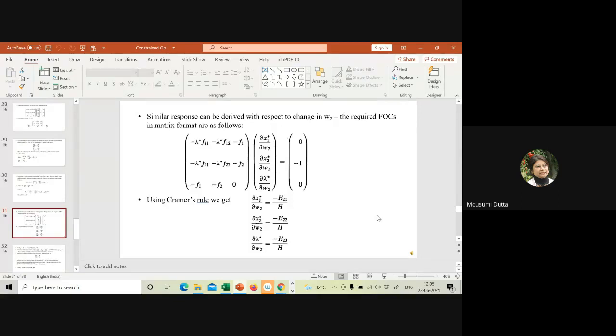Somehow, if you don't get the bordered Hessian determinant, or bordered Hessian matrix, please check the equations once again, because always we will get the matrix associated with the bordered Hessian determinant. If you don't get it during your exam time or any time, please check the calculations.